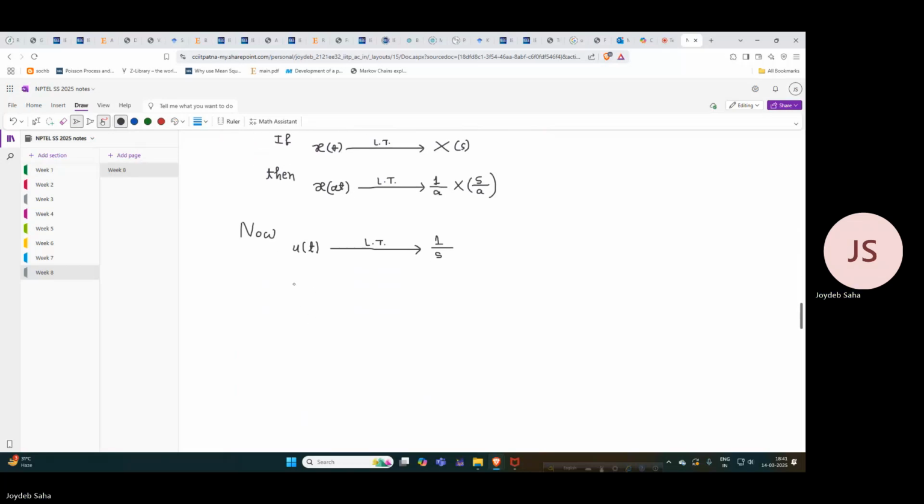So if we write u(2t), its Laplace transform will be 1 upon 2 multiplied with 1 upon s by 2, and it is 1 by 2 multiplied with 2 upon s, which is equal to 1 upon s itself.